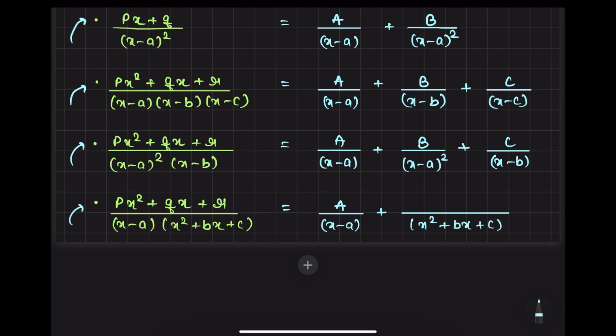You start the power at 1 and stop at the given power, which is 1 only. Now inside the bracket it is quadratic. If it is quadratic, you write linear in the numerator, correct? So write linear, which is bx plus c.